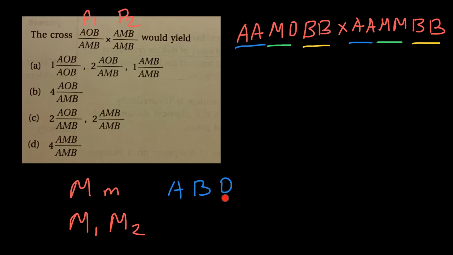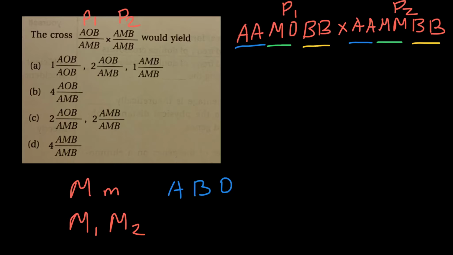Sometimes we use O to specify that this is a non-working allele, and probably in this example O also specifies the same M allele but non-working. So parent 1 for the gene M has one non-working allele, which means parent 1 is heterozygous for the gene M.